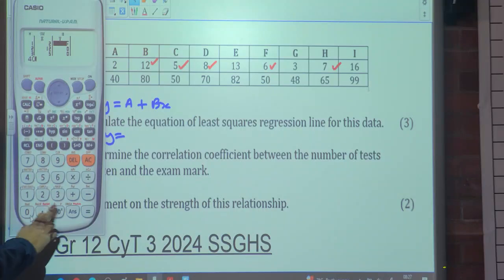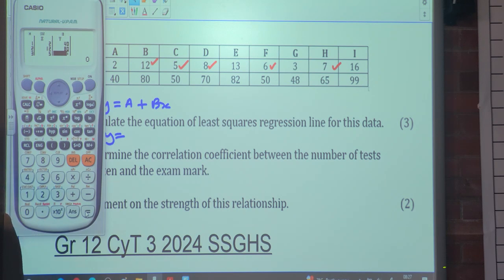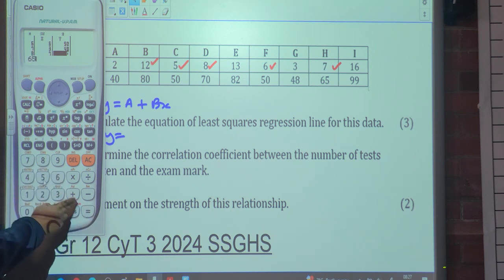2 corresponds with 14, 12 with 18, 5 with 15, 17, 13, 82, 15, 48, 65, and 99.